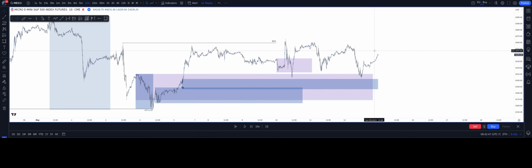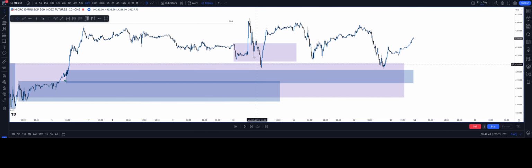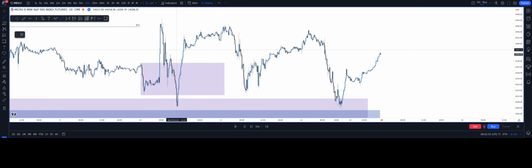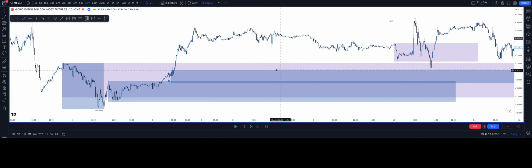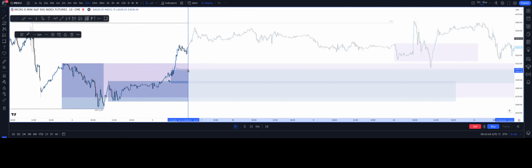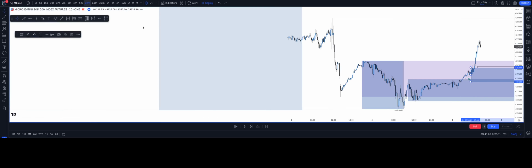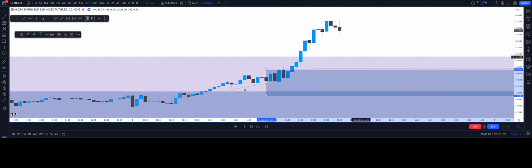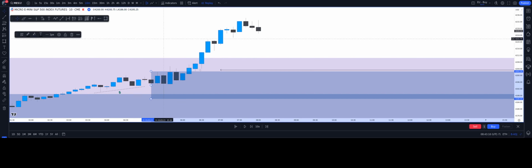Interesting, so there's our second touch. Let's see what happened here, because we were expecting the obvious primary ranges to get mitigated. Let's see what happened here. I'm not certain we can go lower. We can't, but let's see if we can see it though.